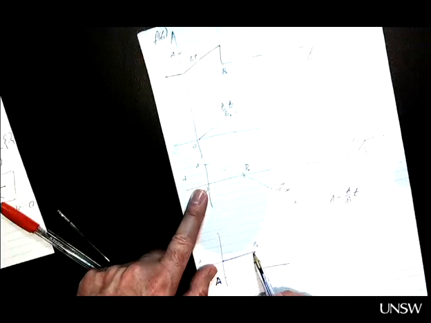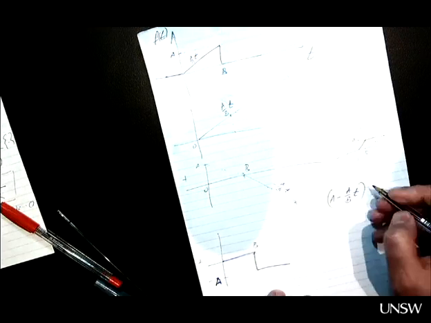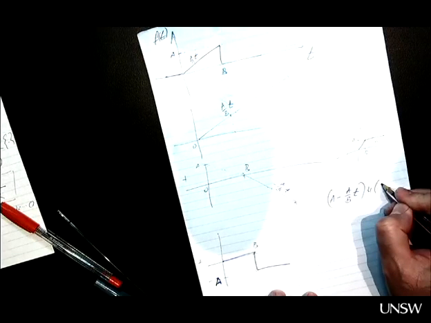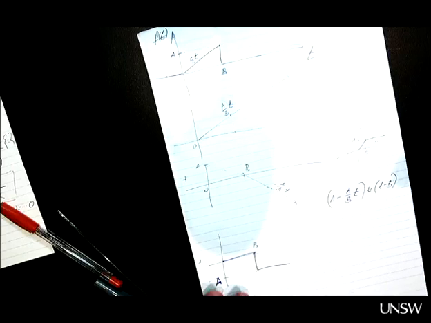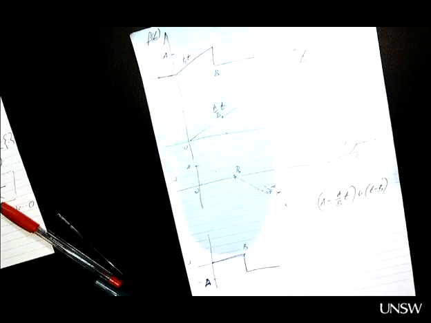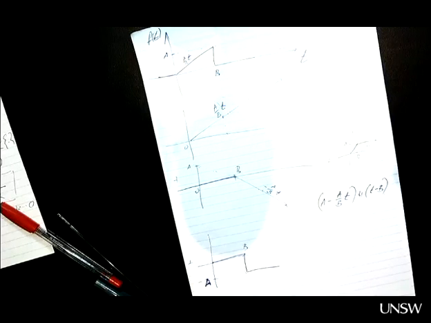How do I achieve that? I'm going to multiply this by u of t minus b. By doing this, I'm actually restricting this function to 0 until time reaches b, and then it becomes this negative ramp function.